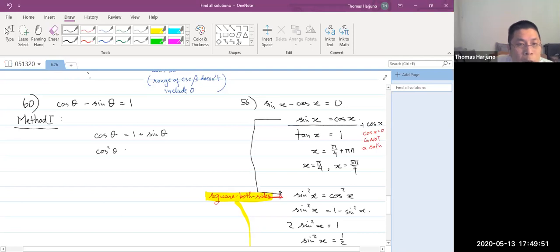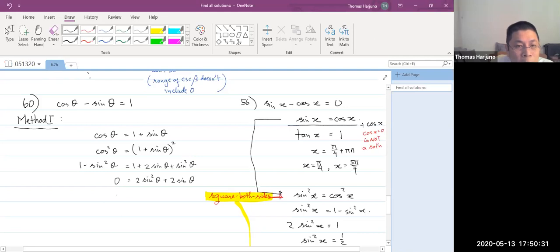Notice that because I square both sides, whatever answer I have later on, I need to check against the original equation. Then I will get, let me change everything into sine here. So the 1 cancels, so I get 0 equals 2 sine squared theta plus 2 sine theta.